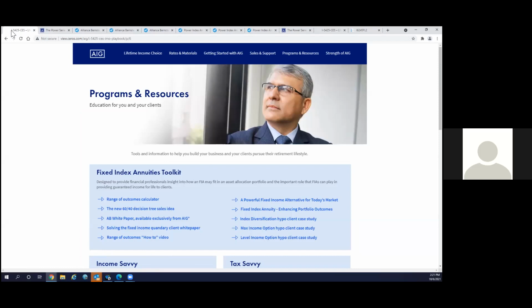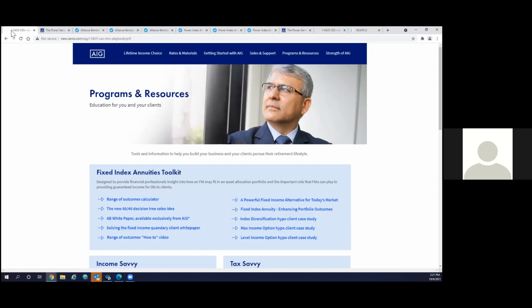And third, the agent tool, the range of outcomes calculator, that helps them visually see and prove that an index annuity can be that guaranteed par plus interest story that can enhance their traditional 60-40 to a new 60-20-20 portfolio.